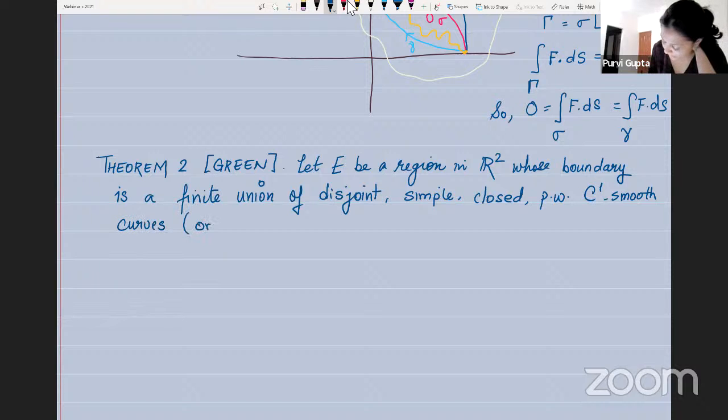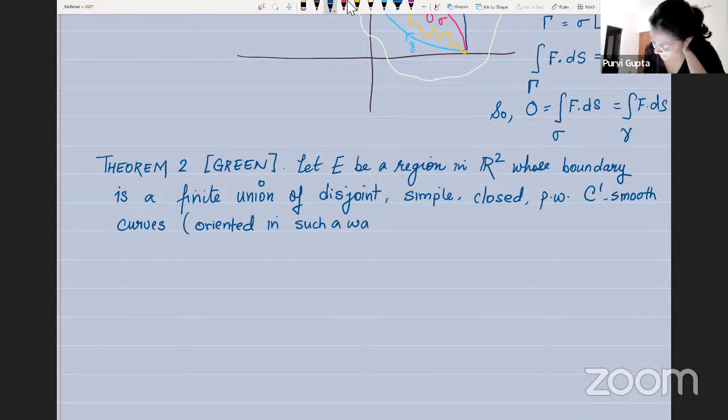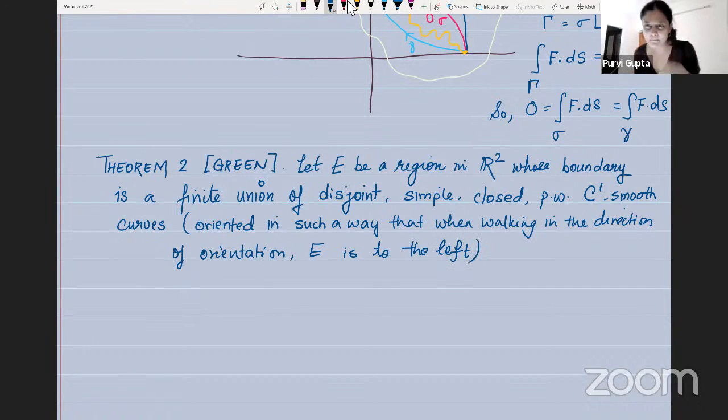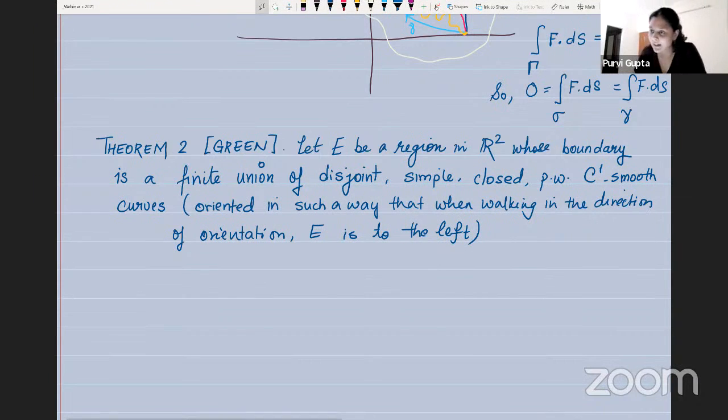And because I'm going to do integration along these curves, I need to tell you how they are oriented. So oriented in such a way that when walking along the curve, in the direction of orientation, E is to the left. And we'll draw a picture. So this is a way of specifying. It might feel a little not fully rigorous, but it does serve the purpose in most cases that we care about. Okay, so this is our setup.